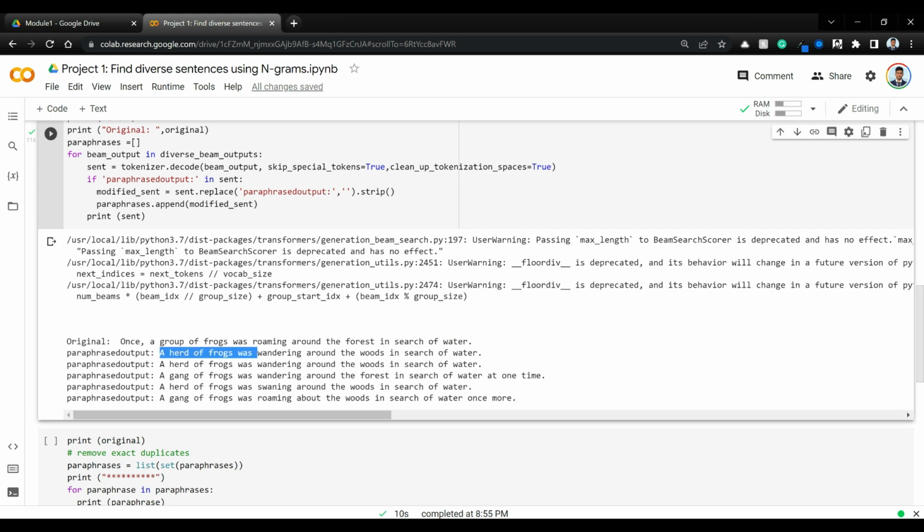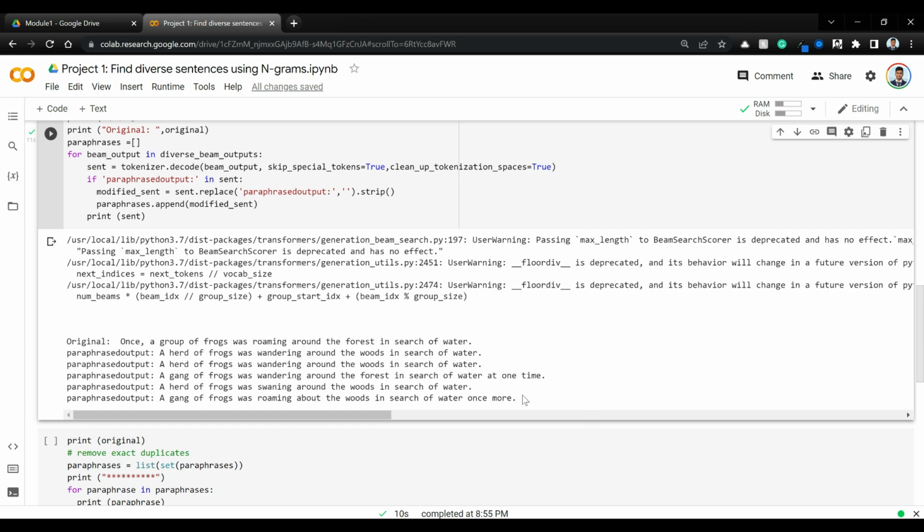So one paraphrase is: a herd of frogs was wandering around the woods in search of water. A herd of frogs was wandering around the woods in search of water, the same sentence. And a gang of frogs was wandering around the forest in search of water at one time. A herd of frogs was swimming around the woods in search of water. A gang of frogs was roaming around the woods in search of water once more.